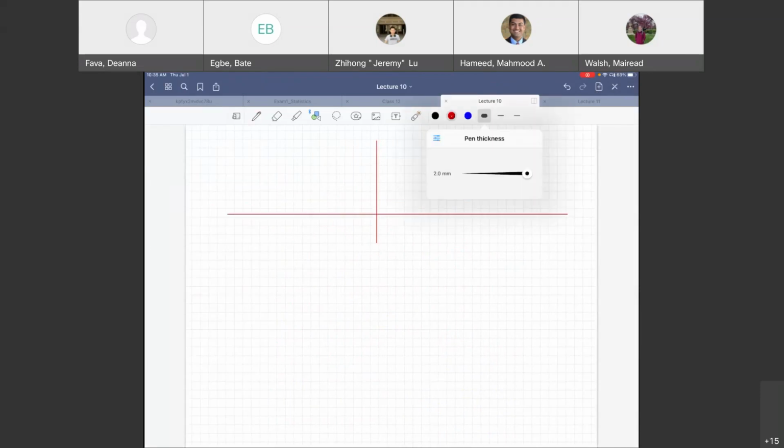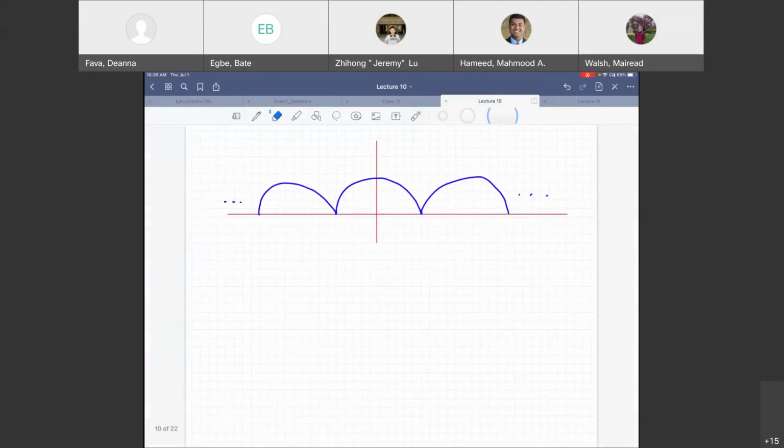What would you do here? Find the Fourier series coefficients of this, between, say, negative pi over 2 to pi over 2.